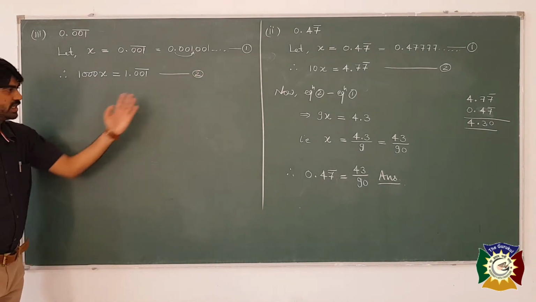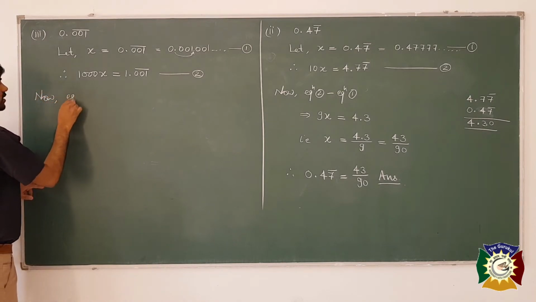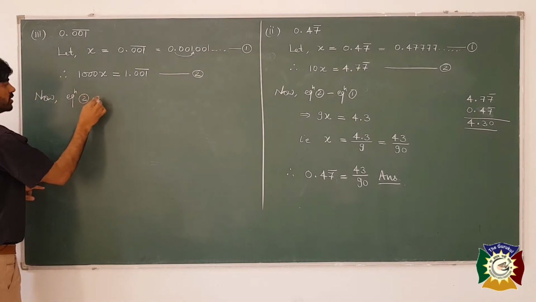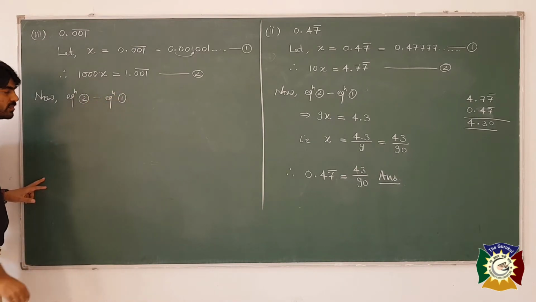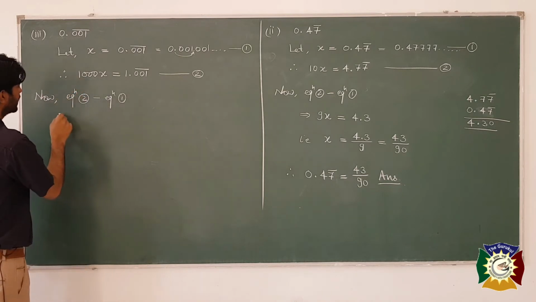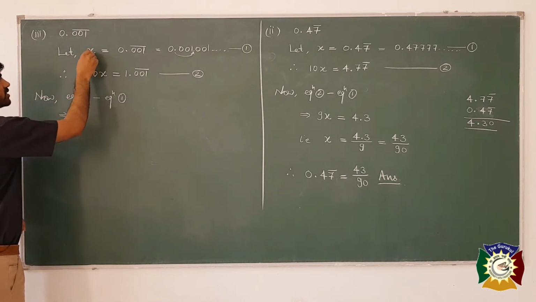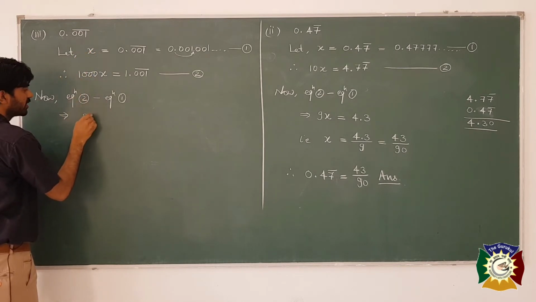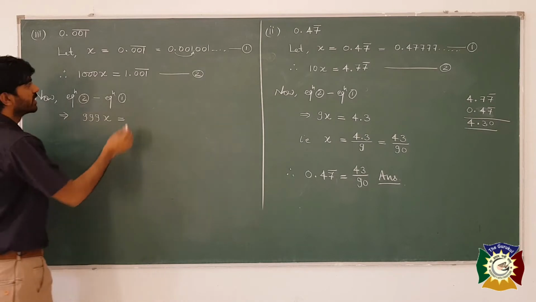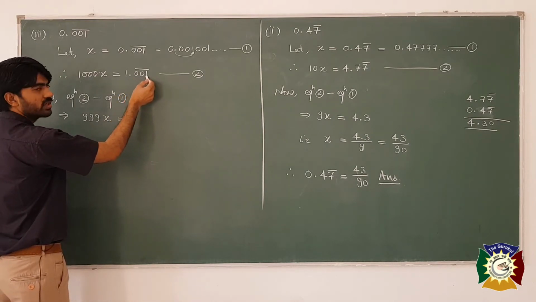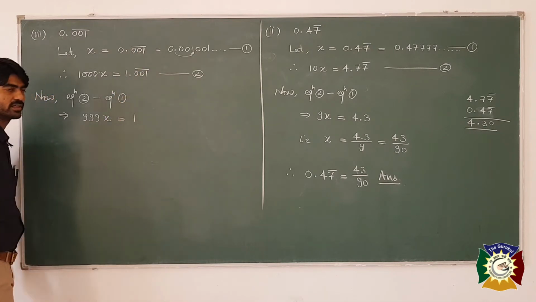Now next step again same. Now equation 2 minus equation 1. So if we subtract this minus this, 1000x minus 1x, so it will be 999x is equal to 1.001 minus 0.001, so we get 1 only.